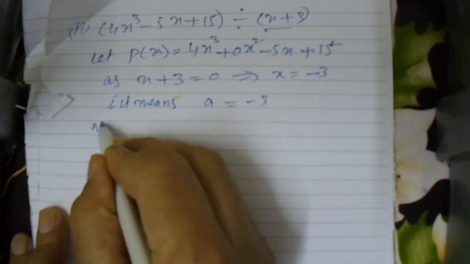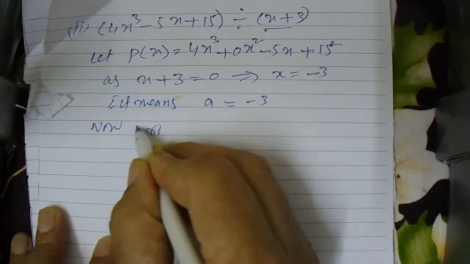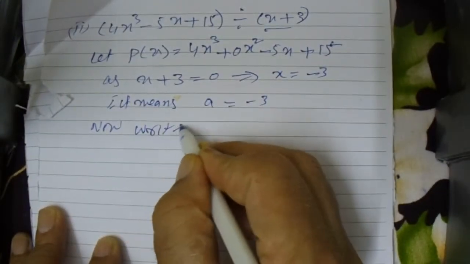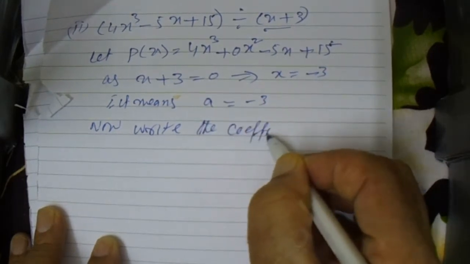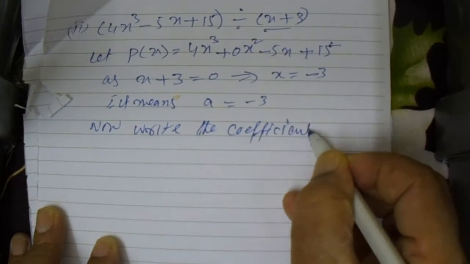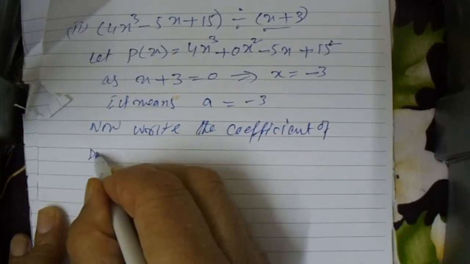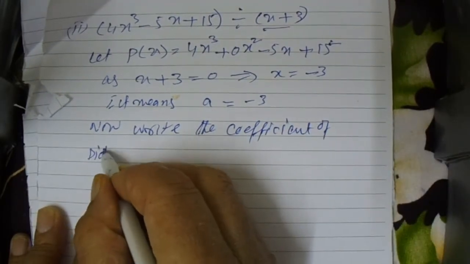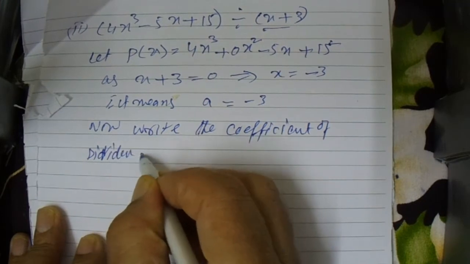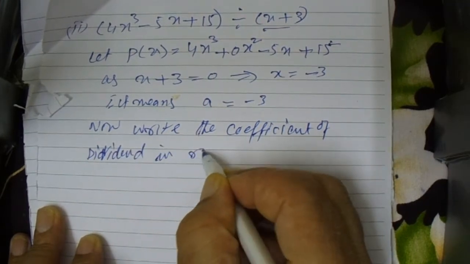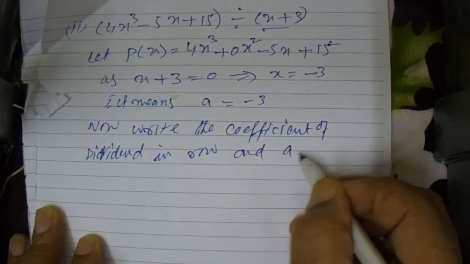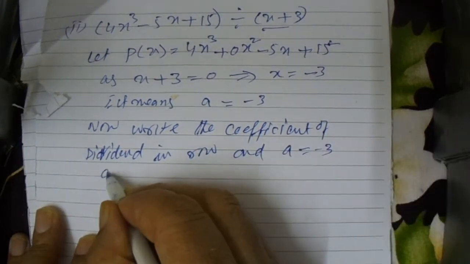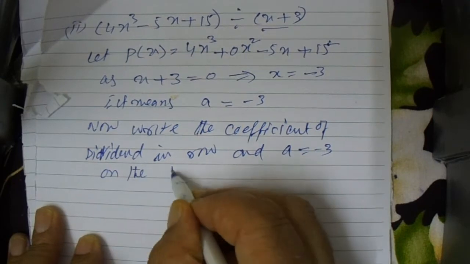Now write the coefficient of the dividend in a row, and write a, minus 3, on the left side.